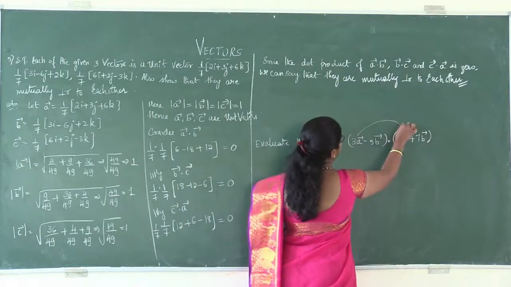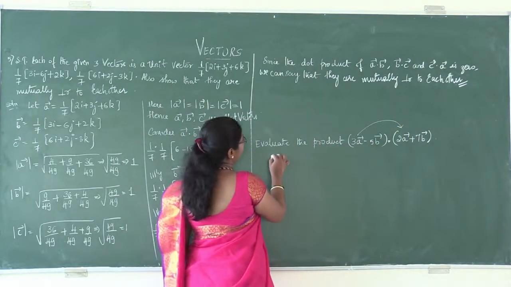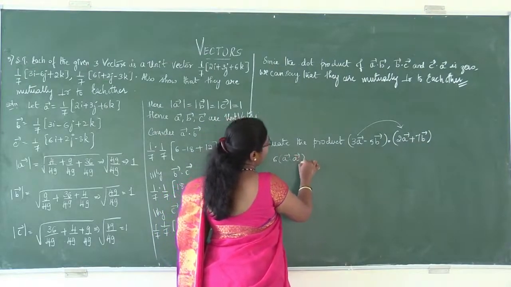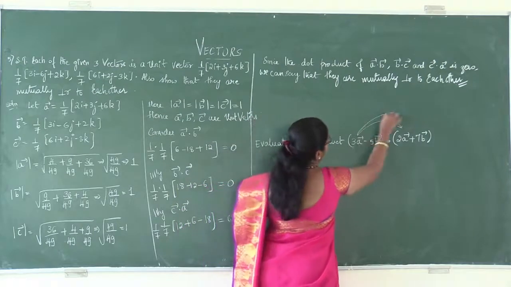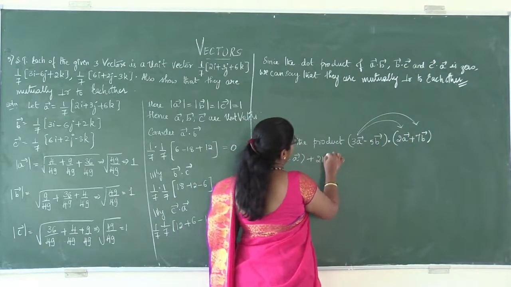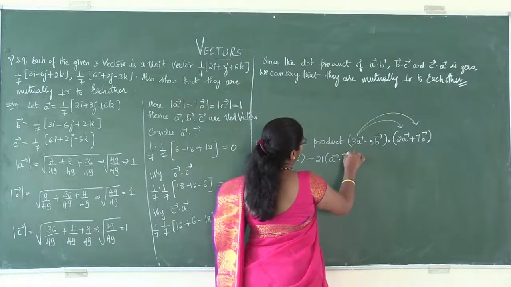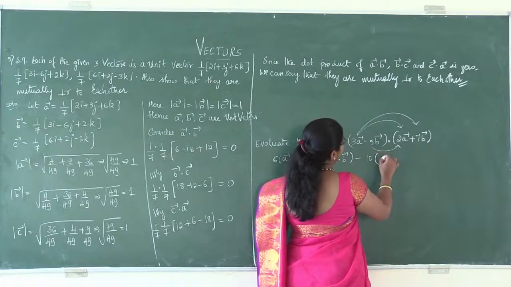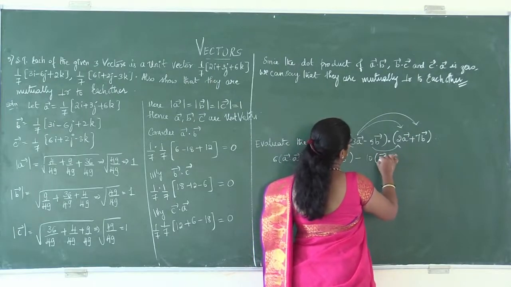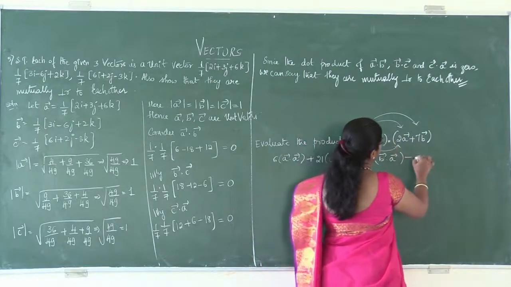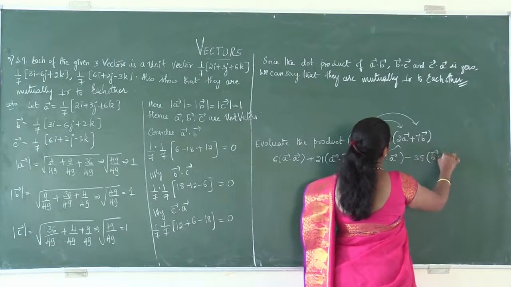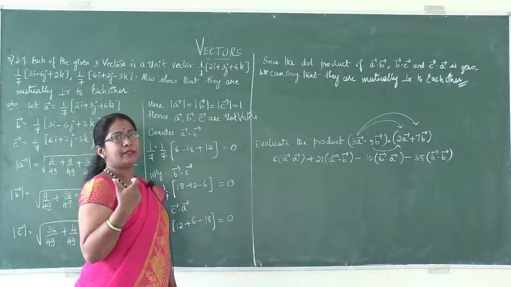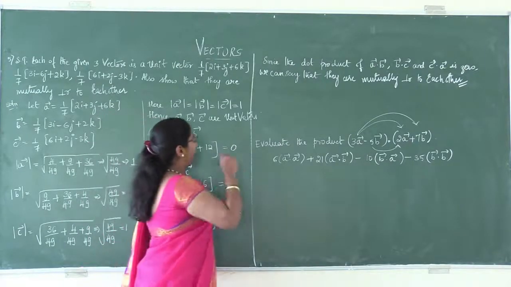What is 3 into vector A dot product with 2 into vector A? That is nothing but 6 into vector A dot vector A, plus 3 sevens are 21 vector A dot vector B, minus 5 twos will be 10 times vector B dot vector A, minus 5 into 7, 35 into vector B dot vector B. Vector A dot vector A, the square of any vector, is equal to the square of its own modulus.